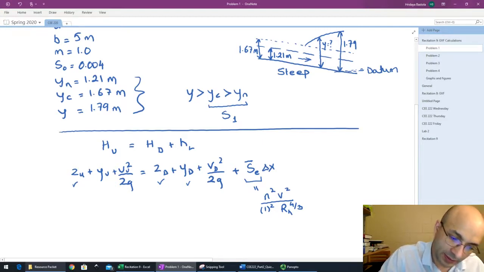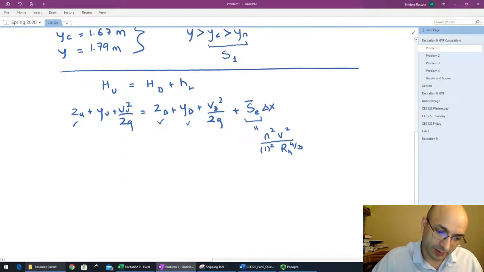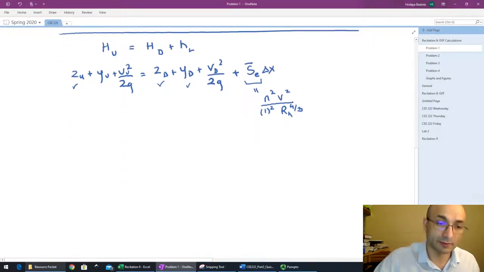The velocity at the upstream location is also a function of yu. So embedded within the Vu is yu. And with this, I think we can start setting up the table.